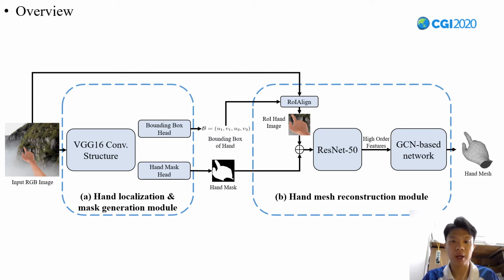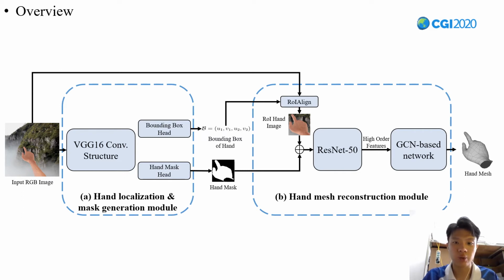To achieve better accuracy, a novel loss based on the differential properties of the discrete mesh is proposed. We also use professional software to create a large synthetic dataset that contains both ground truth 3D hand meshes and poses for training.